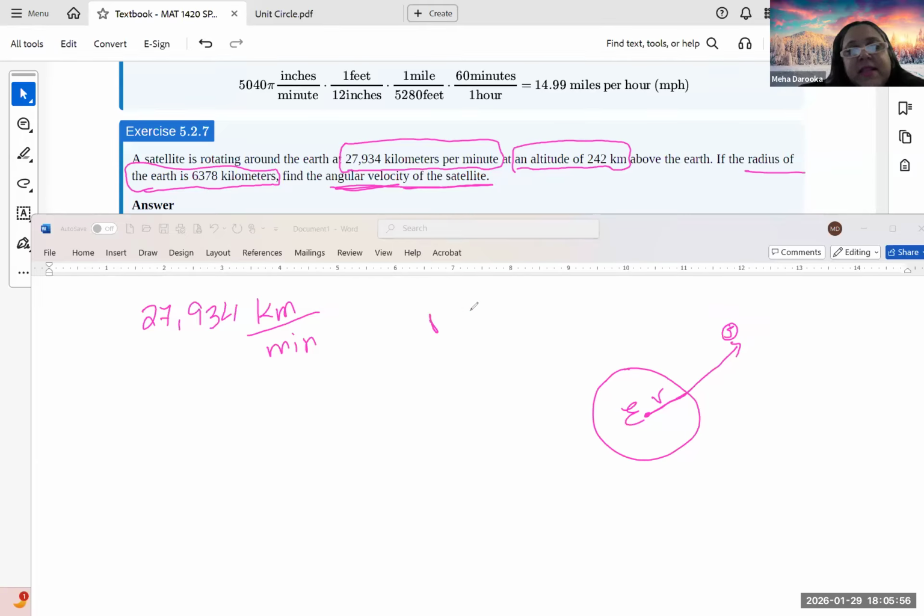So your radius is going to be 6,378 for the Earth, plus the altitude of the satellite, and of course this will come out in kilometers, right? So you are going to take that total distance between the center of the Earth and the satellite. Very nice, I will trust your math on that.